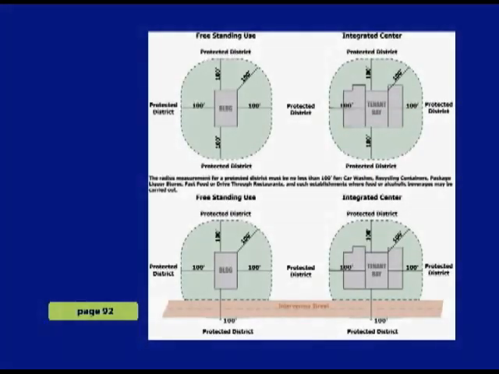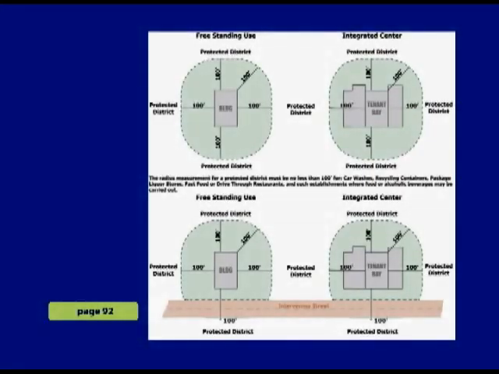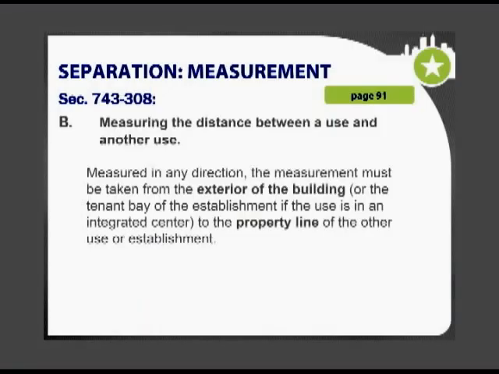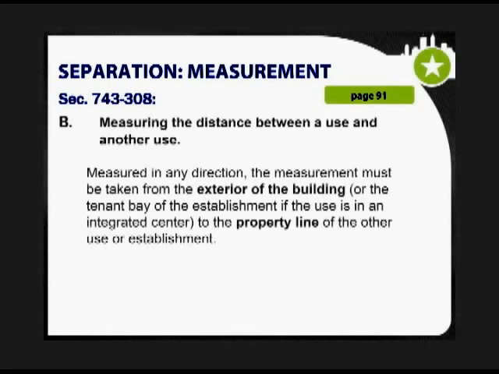Okay, now let's put up the other drawing here so you can see it a little bit better. Sometimes it's not the district, it's the use. And when it's the use, you just go across, because this is the use to a use, and it goes from the building to the property line.